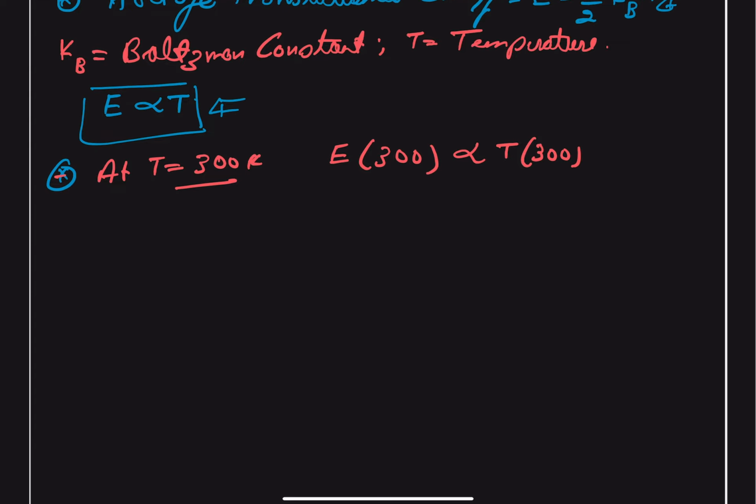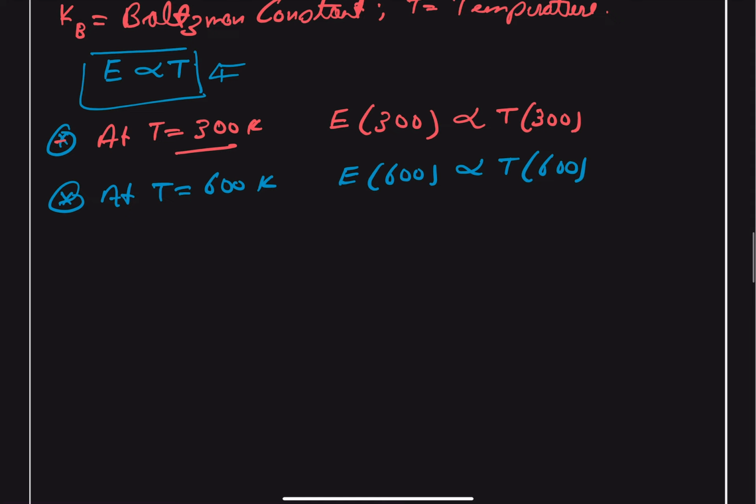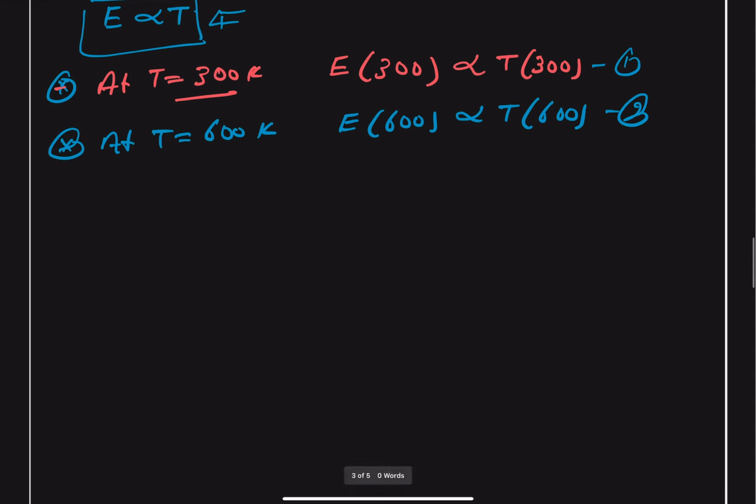Similarly, at temperature equal to 600 Kelvin, energy at 600 Kelvin is directly proportional to temperature at 600 Kelvin. Now we can divide these respective equations. Let us call this 1 and this 2.